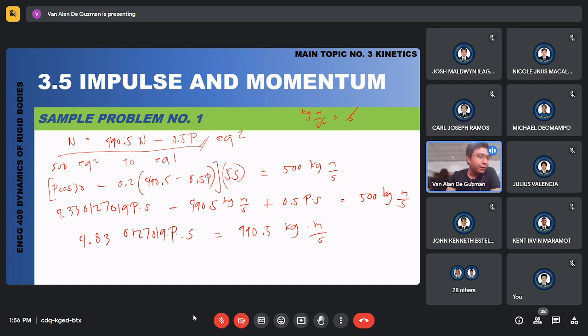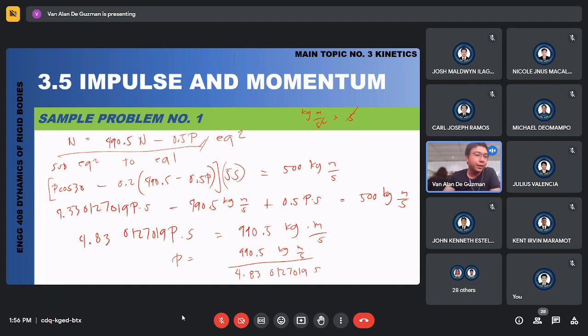We have the value of P right here. So let's divide both sides by 4.83012 so we can get the value of P. So P is equal to 990.5 kilogram meter per second all over 4.830127019. This one is in seconds.